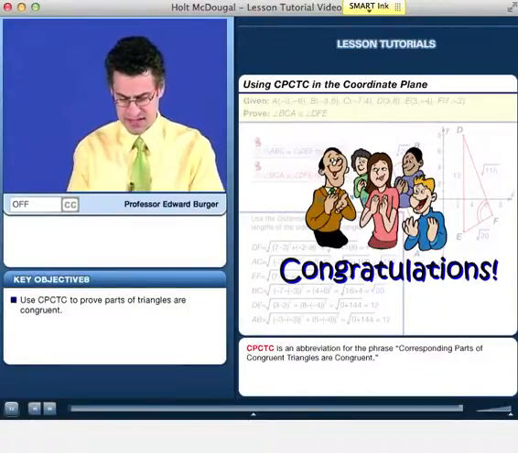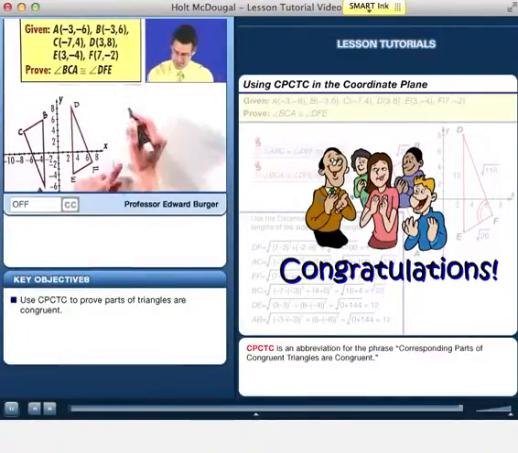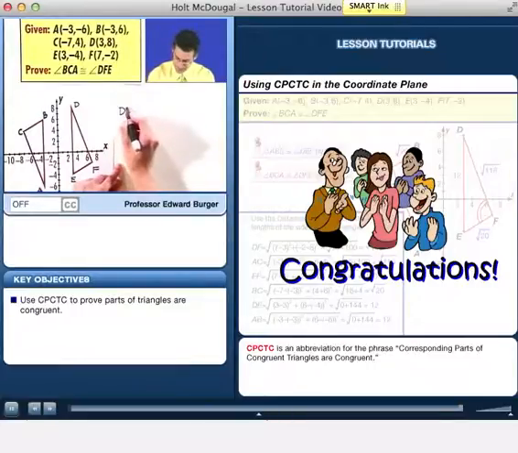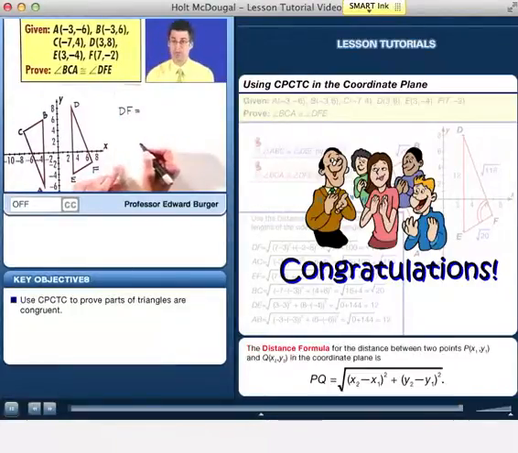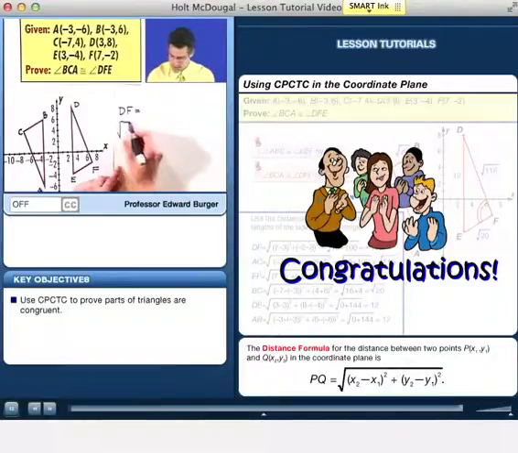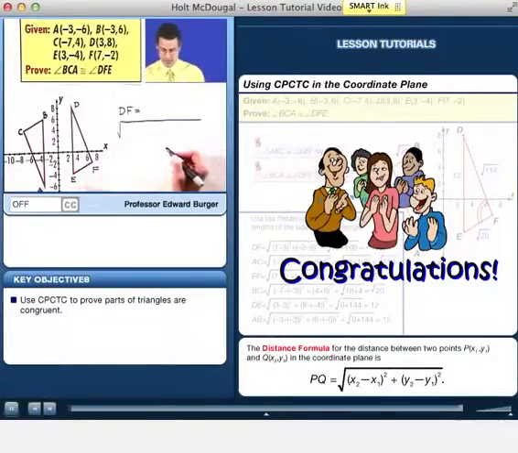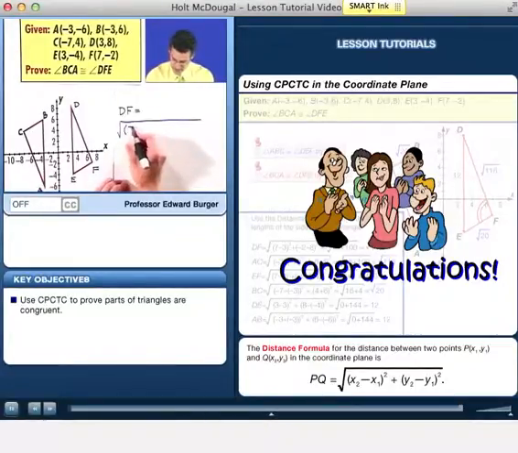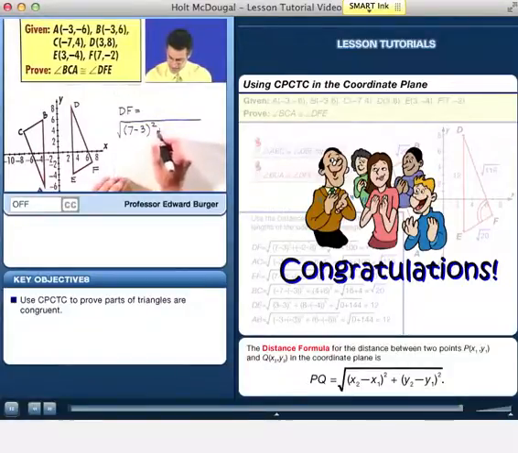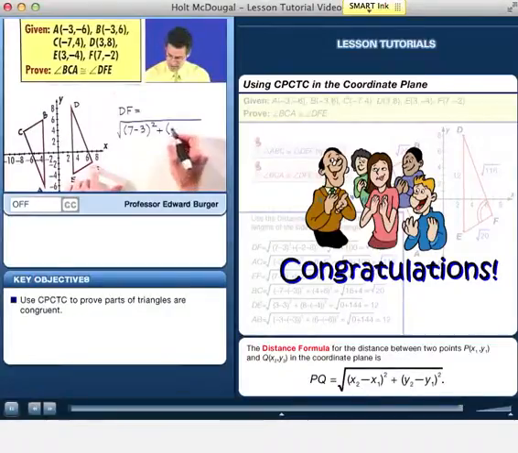So let's compute the distance between D and F. So DF, okay, remember the formula. It's the square root of, and it's a long square root, the differences in the x, so 7 minus 3, all squared, plus the differences in the y's. So the coordinate here is -2 minus, and the coordinate up here is 8, all squared.